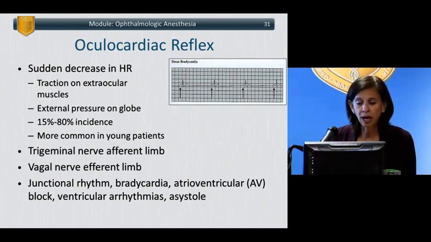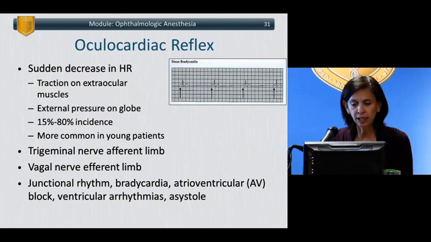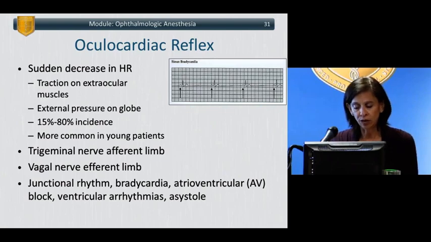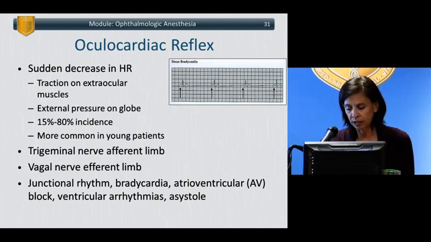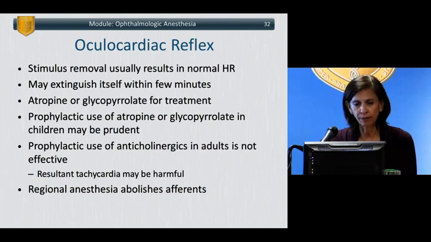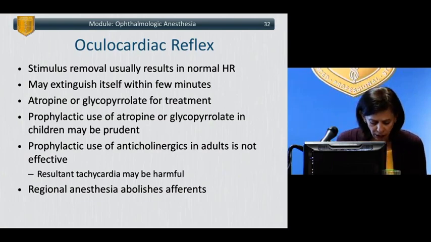So the most common arrhythmias you see are junctional rhythm, bradycardia, asystole, AV block, but you can see ventricular escape beats and rarely other sorts of tachyarrhythmias, but usually it's a slowing of the heart rate. Generally, as soon as you remove the stimulus, it goes away.